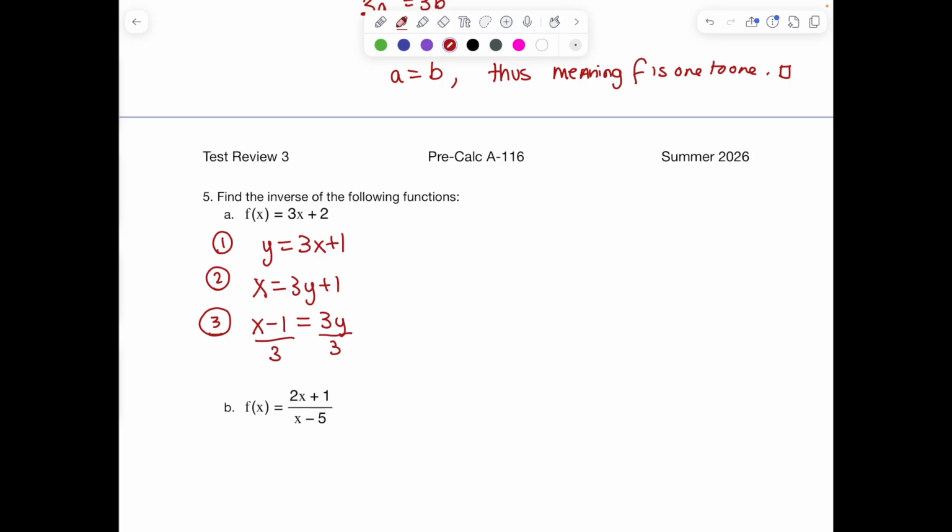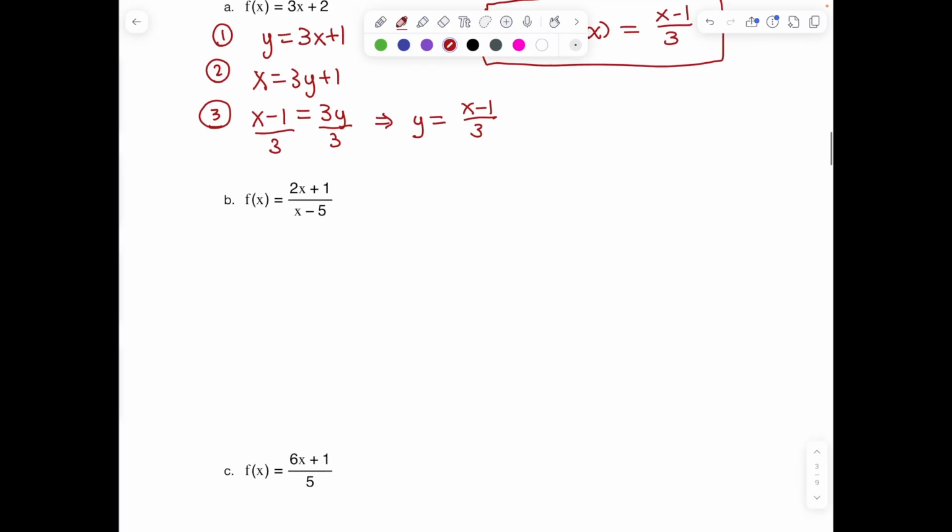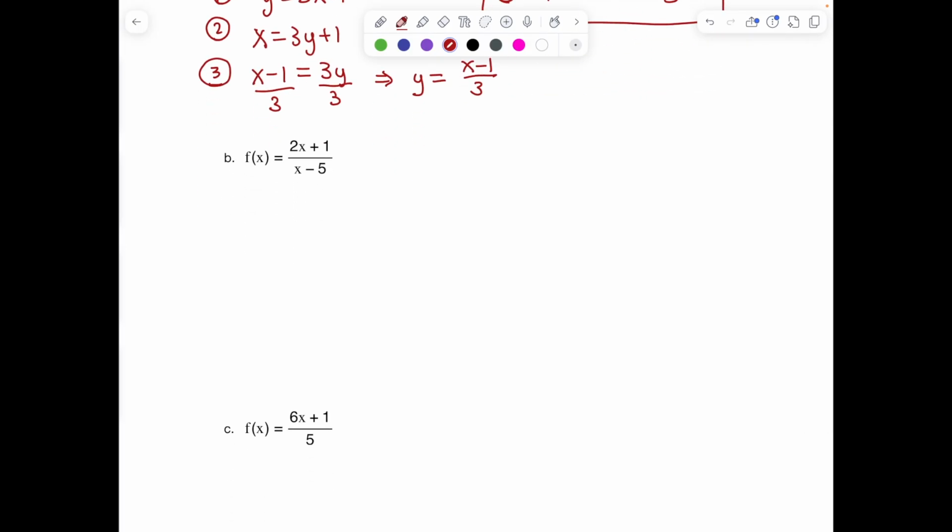Divide by 3, divide by 3, and we get y equals x minus 1 over 3. Then 4, we get f negative 1 of x equals x minus 1 over 3. Okay, so remember, all of the steps can be found in my lecture about finding inverses.